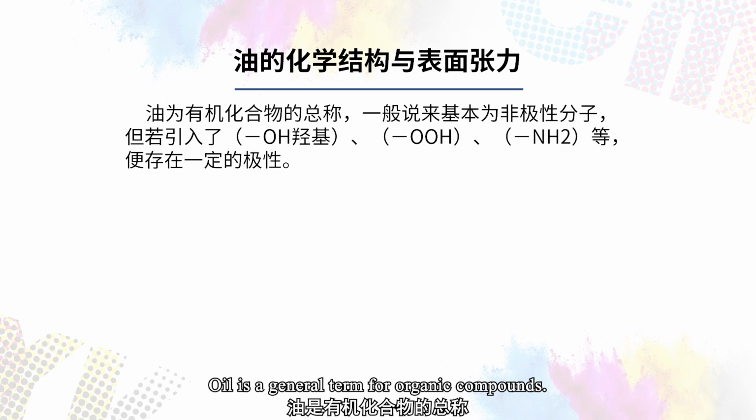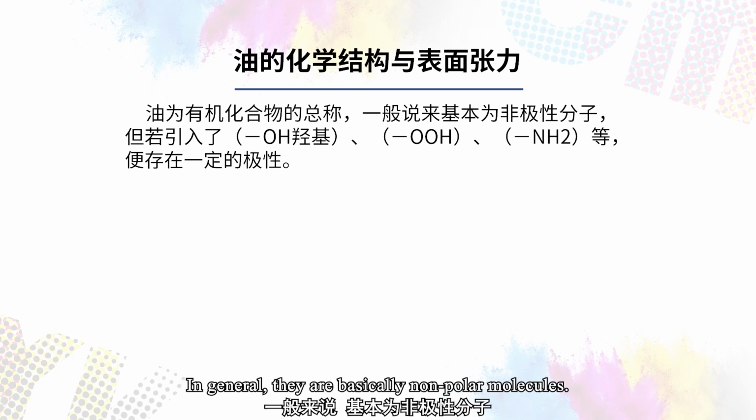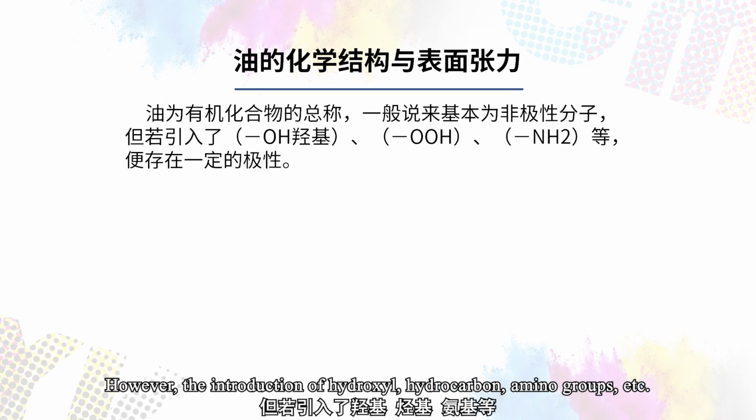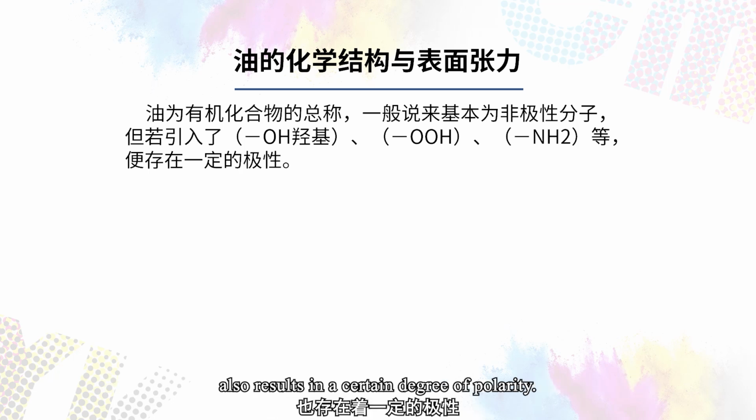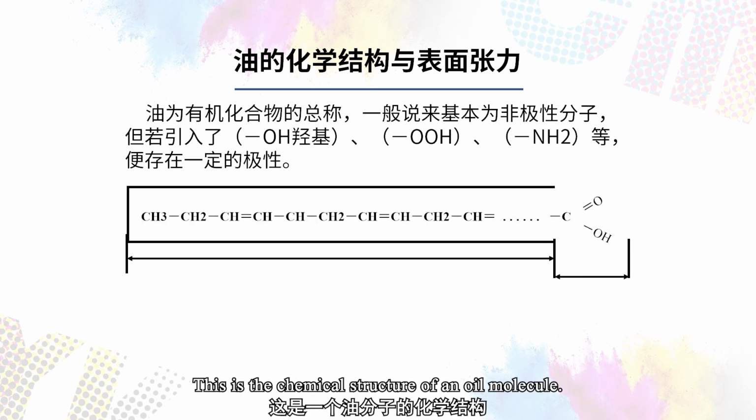Let's take a look at the chemical structure of oil, and its surface tension. Oil is a general term for organic compounds. In general, they are basically non-polar molecules. However, the introduction of hydroxyl, hydrocarbon, amino groups, etc., also results in a certain degree of polarity. Let's take a look at the diagram below. This is the chemical structure of an oil molecule.